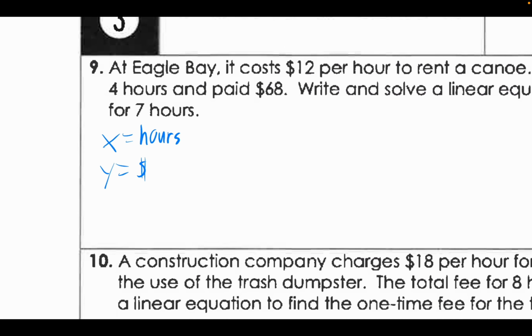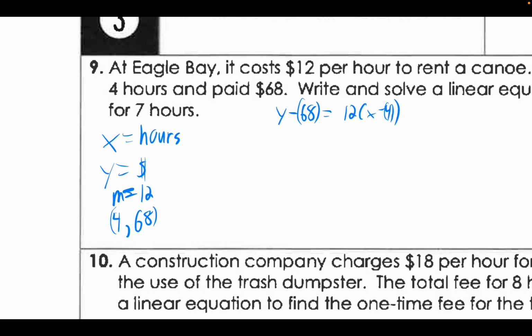And we also are given our slope, which is $12 for every hour. And we are given an ordered pair, that for 4 hours, it costs $68. So 4 comma 68 would be my x1, y1. And so now I plug all this in and I get y minus 68 is equal to 12 times the quantity of x minus 4.